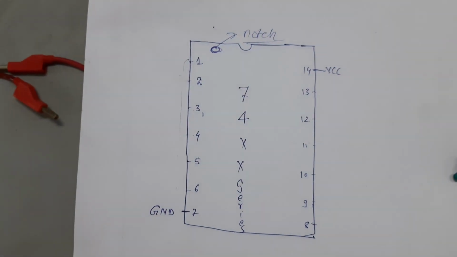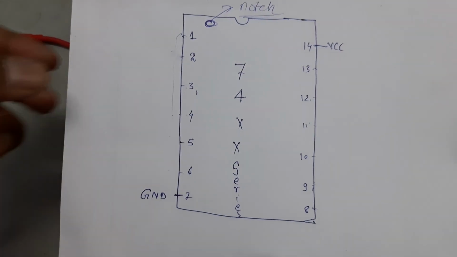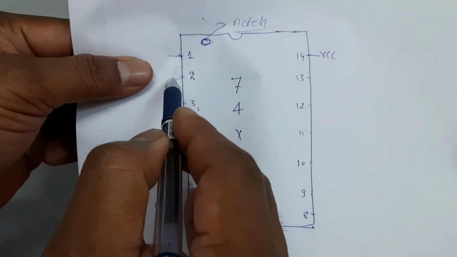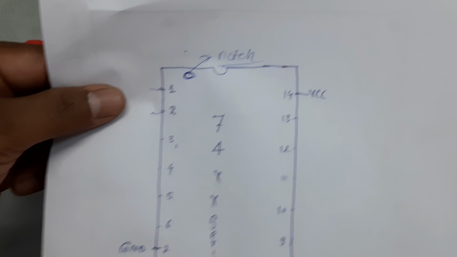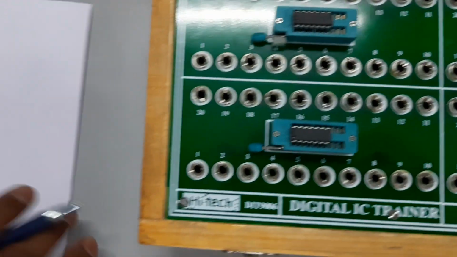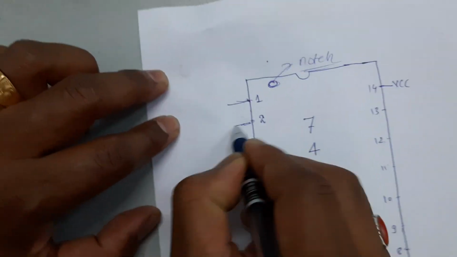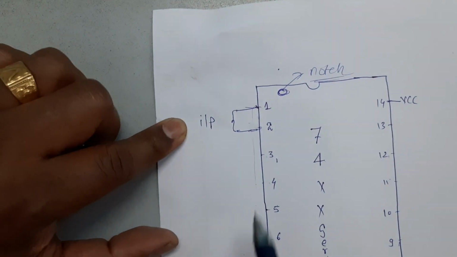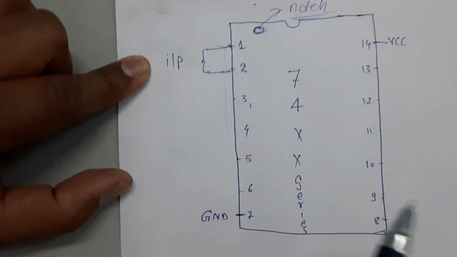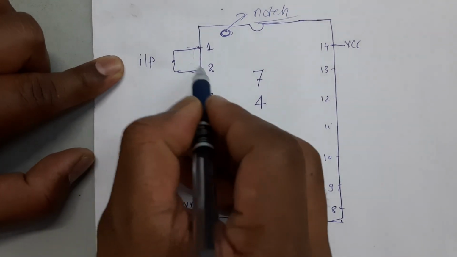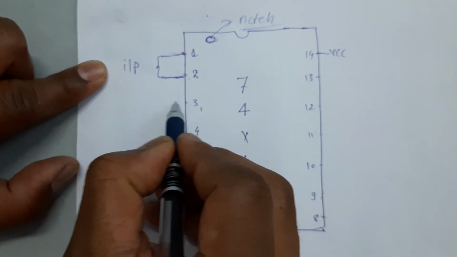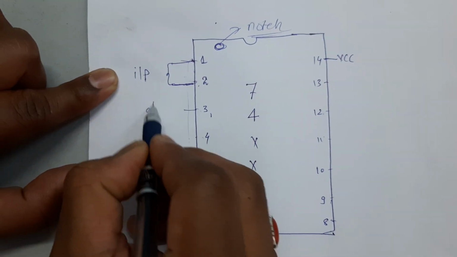Fine. Now normally in all the ICs, we have pin number 1 and pin number 2 as input. So here we are having this as input. From this we have to give the input. I will show how to give the input, don't worry. For the time being you just keep this in mind: 1, 2 we are giving input, and from pin number 3 we are taking output.